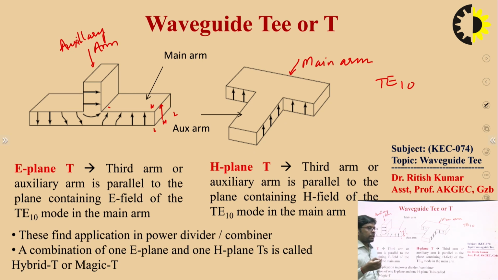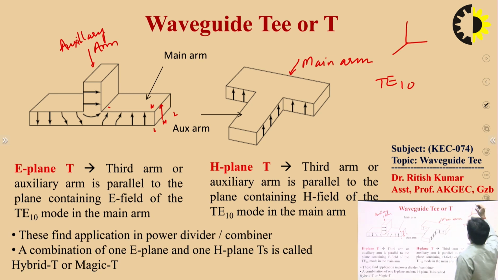As we know from the right hand rule, the E plane and H plane are both perpendicular by nature, and the propagation direction is perpendicular to both planes. So if the electric field is in the y direction and the magnetic field is in the x direction, then the direction of flow is in the z direction. This is the concept of the right hand thumb rule.